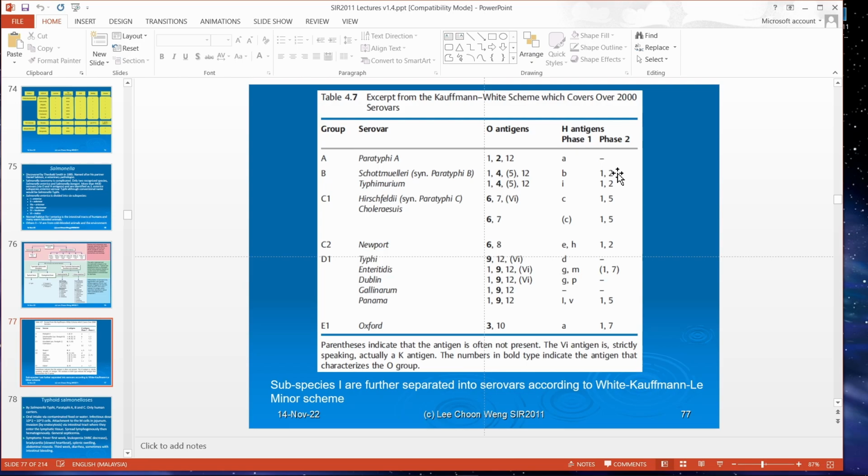Salmonella is a very clever pathogen. When they feel threatened, they can choose another phase to present their flagella, a different type of flagella, to evade the immune system. Vi is capsular. They use Vi only for Salmonella. Others we use K.